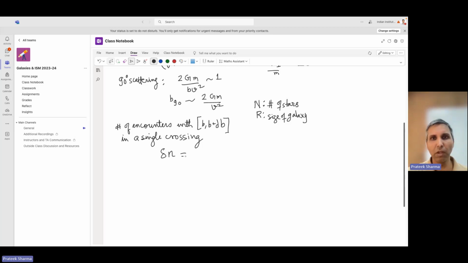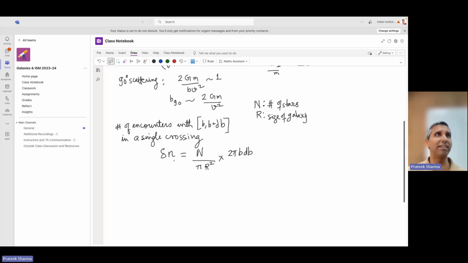So this is equal to the total number of stars divided by the area of the galaxy. So this is the number per unit area of stars in the galaxy times the area covered by this impact parameter range, right? Typically, in a single crossing, you will have much less than 1.